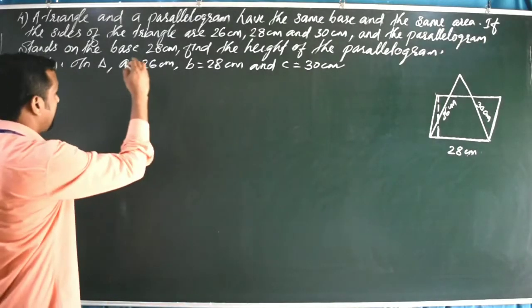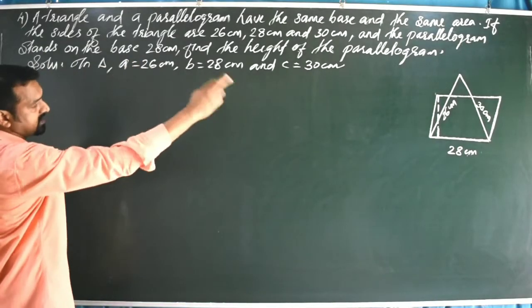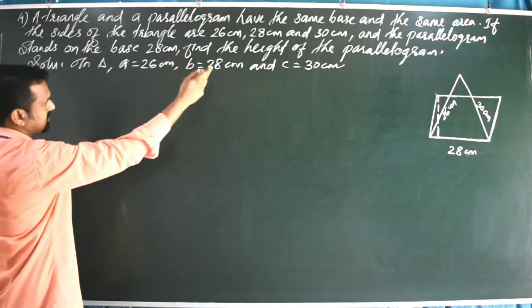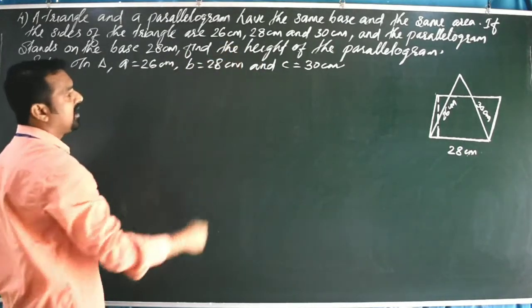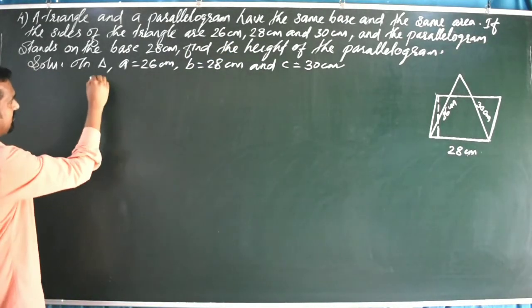Okay, let's see. In the triangle, all three sides are given. So a is equal to 26 cm, b is equal to 28 cm and c is equal to 30 cm.